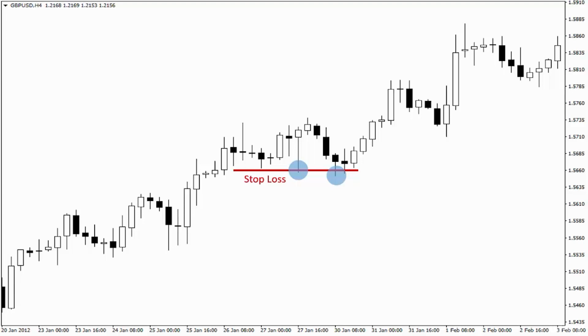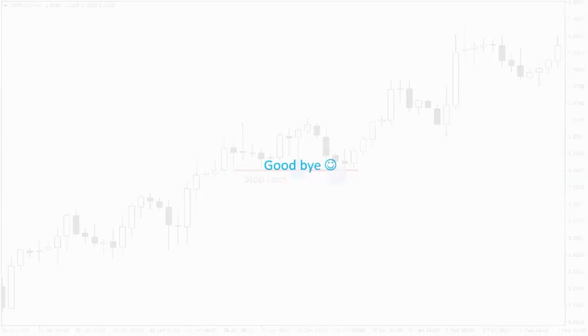That's why at the first step of trading the trend, it is very important that you understand the basic idea of the valid and invalid tops and bottoms. But don't worry, I will teach you how to trade the invalid tops and bottoms as well in the strategy section. So that's the end for today.